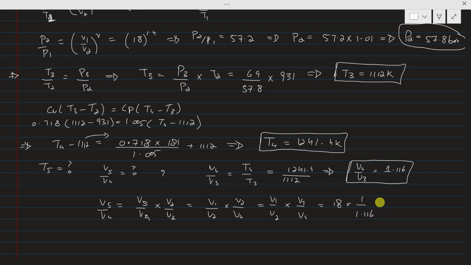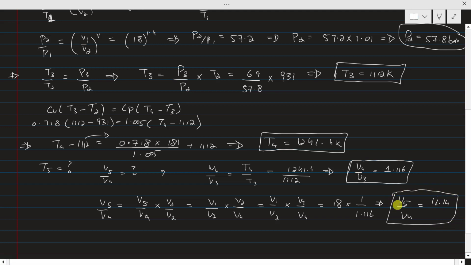After simplification, you will get V5 by V4 equal to 16.14. This ratio V5 by V4 will give you the value of T5.